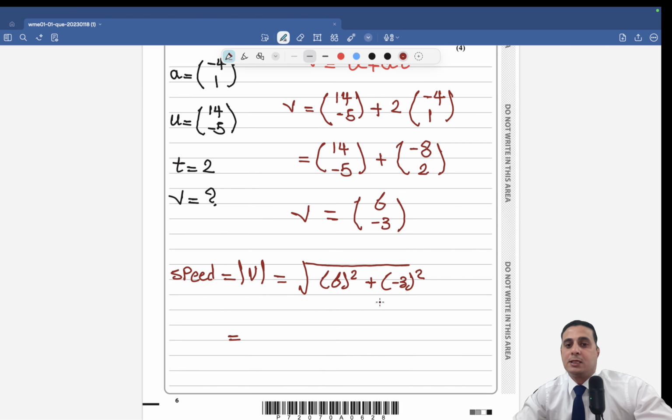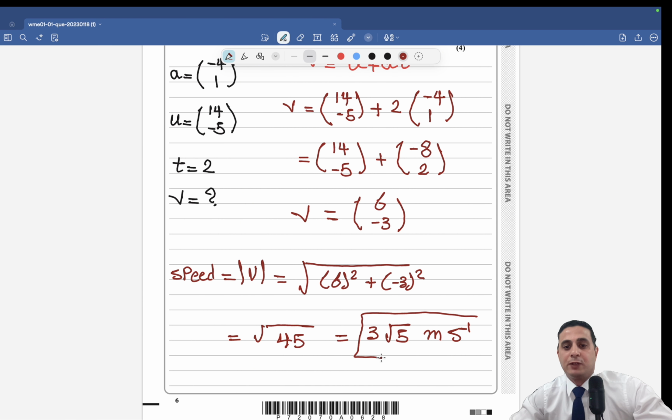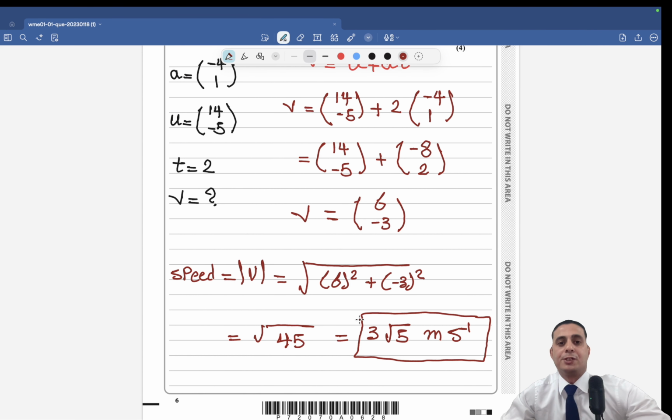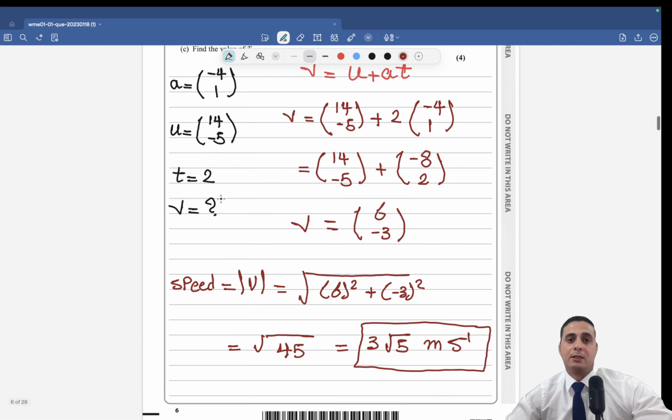That will be 36 plus 9, which is the square root of 45. And 45 is 9 multiplied by 5. The square root of 9 is 3. So this will be 3 root 5 meters per second, or we can write it to 3 significant figures or 2 significant figures. So this is our speed when t equals 2 seconds.